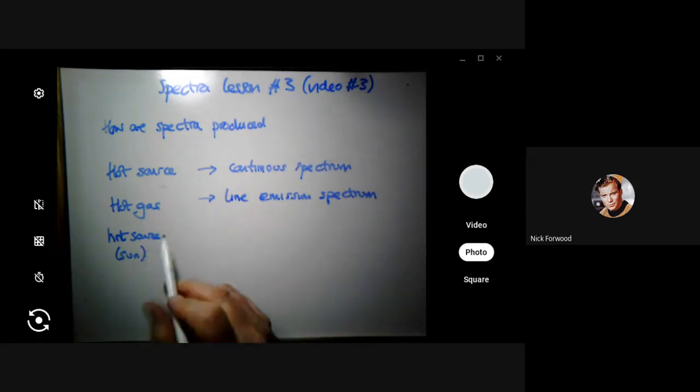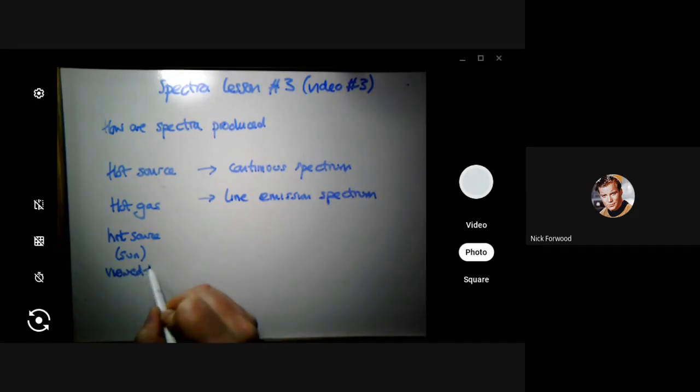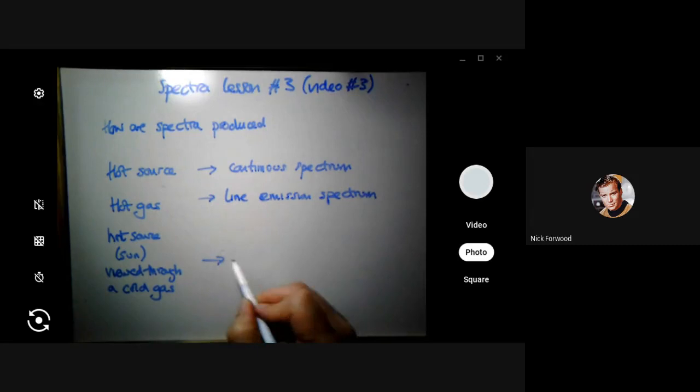So a hot source viewed through a cold gas, and that will give you your absorption spectrum.